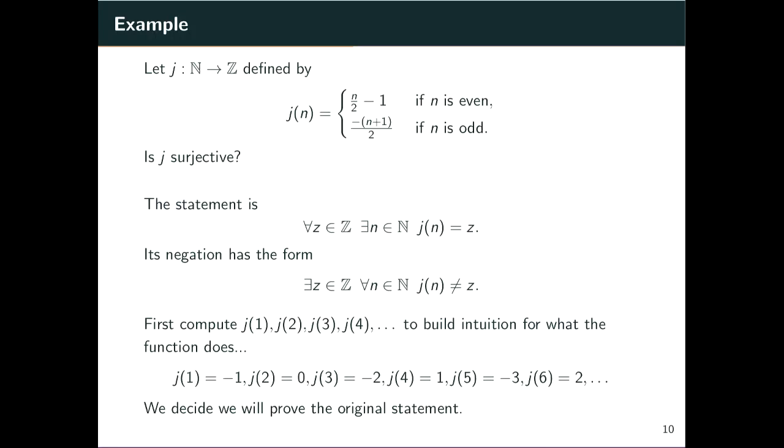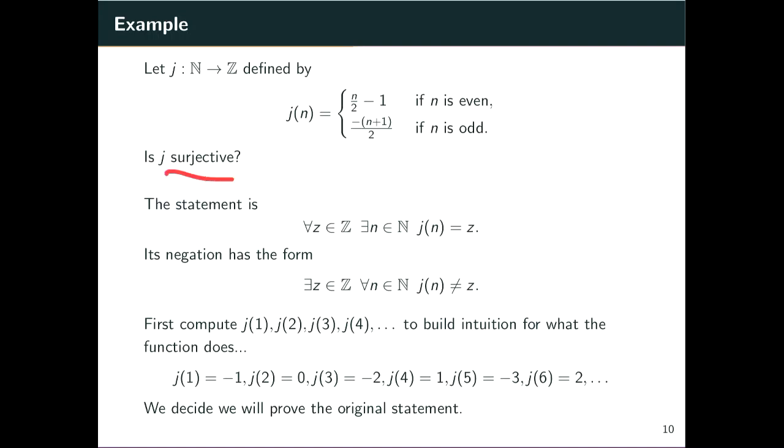And, well, we can write the negation of this. So the negation would change the for alls to an exists, and the exists to a for all, and then j(n) not equal to z.